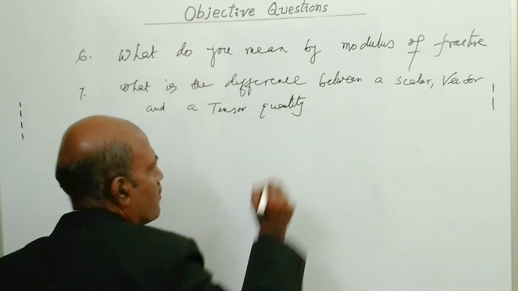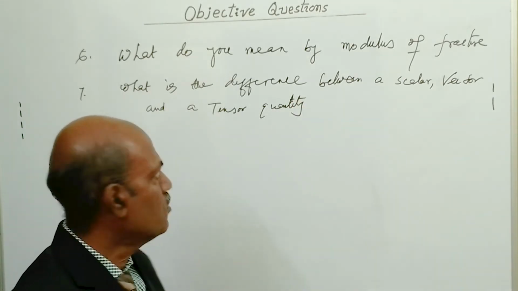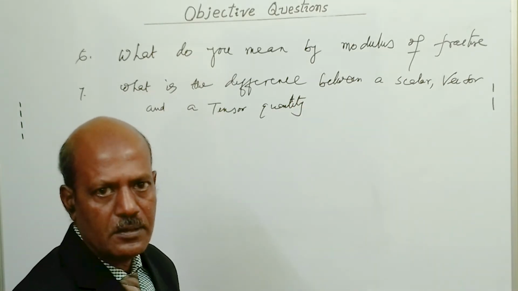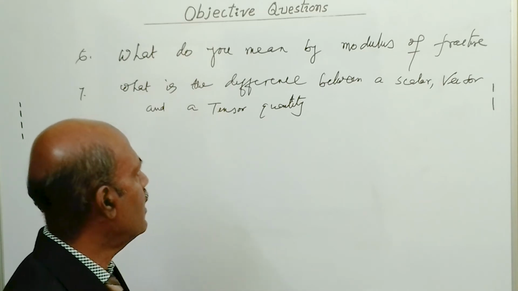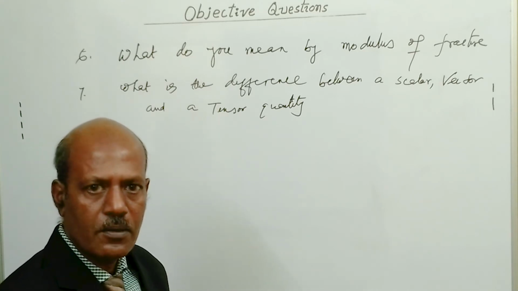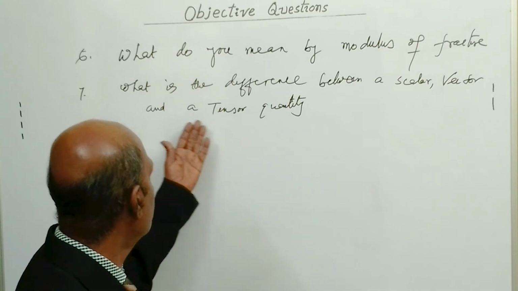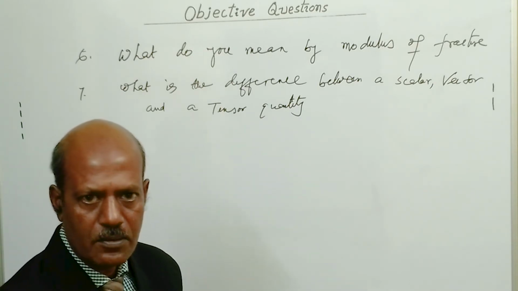So in physics, we have seen the physical quantities. Physical quantities can be a scalar quantity or a vector quantity, but along with that we have seen another quantity that is called tensor quantity.